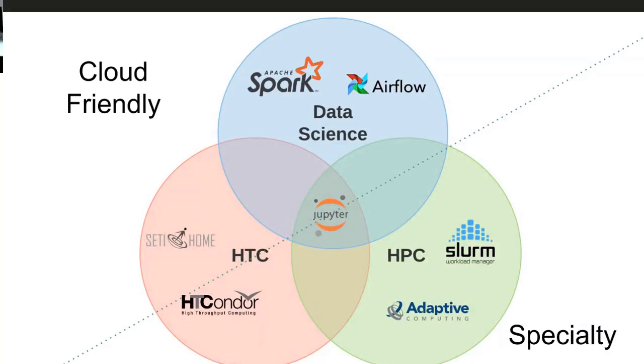Good examples are SETI at home. And then you have HPC, which is not cloud friendly and very batch scheduler oriented and requires specific hardware. Cool thing about all this stuff is that all of it can actually run using cloud native methods and tooling. It's just certain things are better than others.